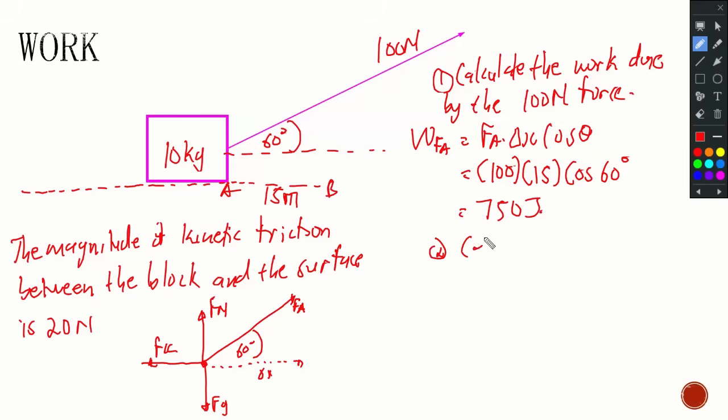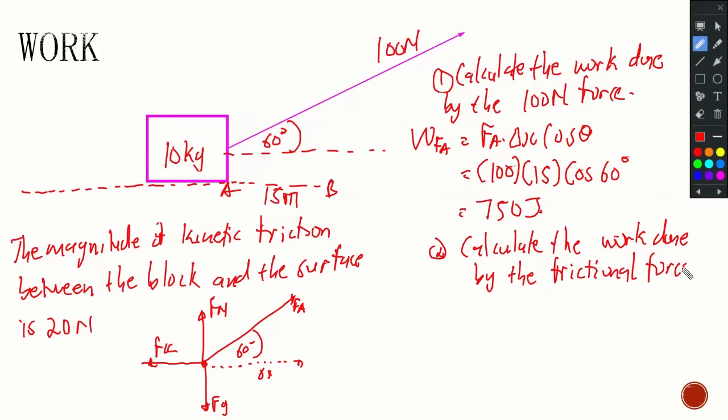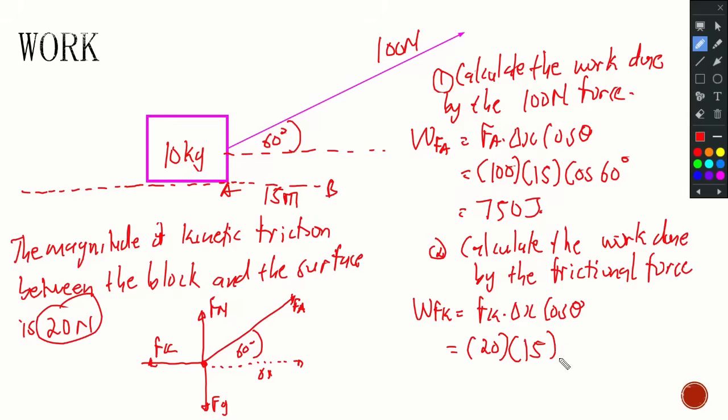The next question says, calculate the work done by the frictional force. This is what we're going to do. Work done by Fk is equal to Fk delta X and then cos theta. We're going to substitute our kinetic frictional force, 20, and then our delta X will be 15. And then we have cos 180 degrees. Note that I'm not using the 60 degrees. It's cos 180 degrees.